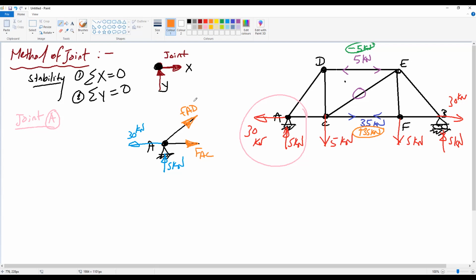Only 2. So the unknowns we have for this one is 2. FAD is number 1, FAC is number 2. Another important information you have to keep in mind, you can only solve or study a joint that has 2 unknowns.